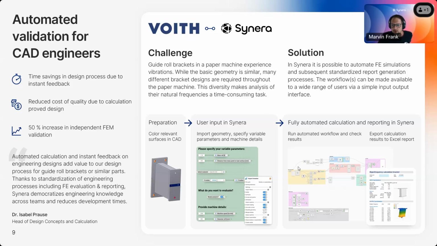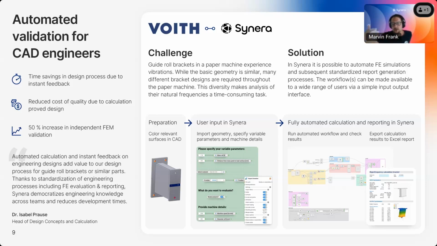You can also use different groups and colors to keep it organized. They did this in a very easy, approachable way so that the CAD engineer can also open that file. They don't really have an understanding of all the FEA stuff, but they can import their design spaces, their parts from this bracket, do some simple settings, and then let the workflow do the job.